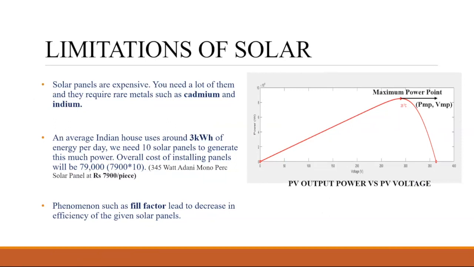When you plot these values on the axis, it will be like this. This is the theoretical power that we should get, but this much is the only power that we are getting from the system.